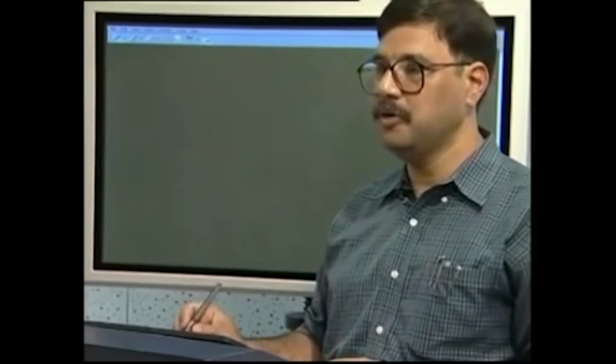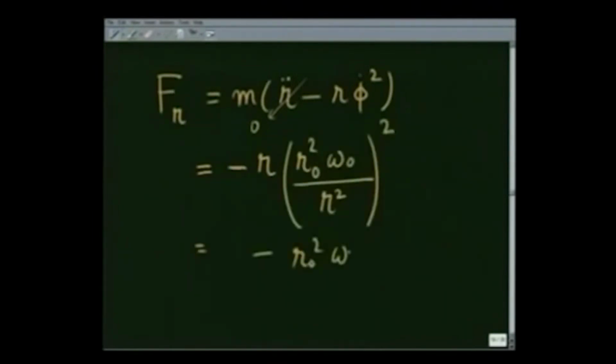How about the force needed to pull the wire in? That, as I told you earlier, is Fr, which is equal to m(r double dot minus r φ-dot squared). r double dot is 0 because I am pulling the wire in with constant speed, and therefore this is equal to minus m r φ-dot squared, which is minus m r0 to the power 4 omega 0 squared over r cubed.